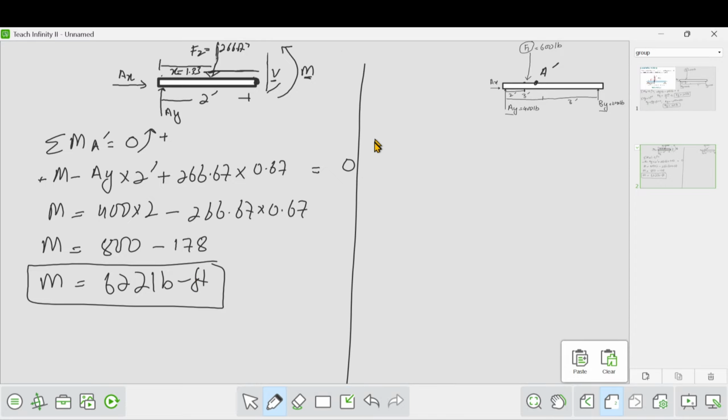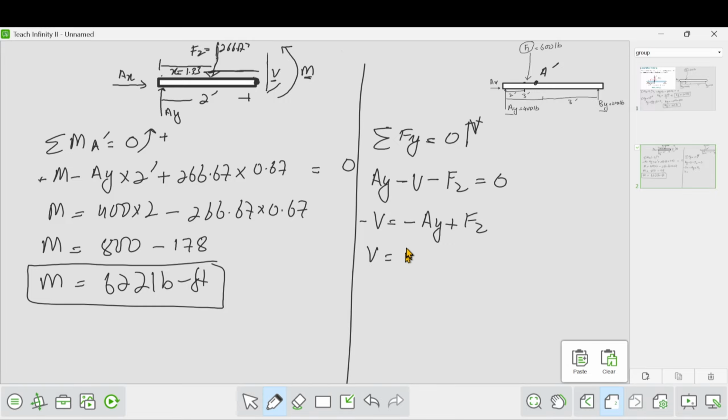Now the summation of all vertical forces acting at this portion equals 0. The force directed up will be taken as positive. Now AY, negative V, and negative F2 equal 0. So V will equal negative AY plus F2, which means V is equal to AY minus F2.